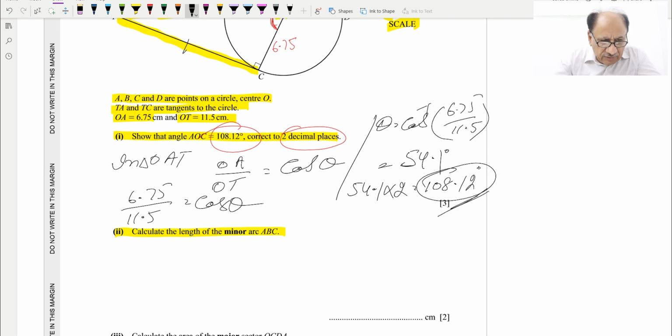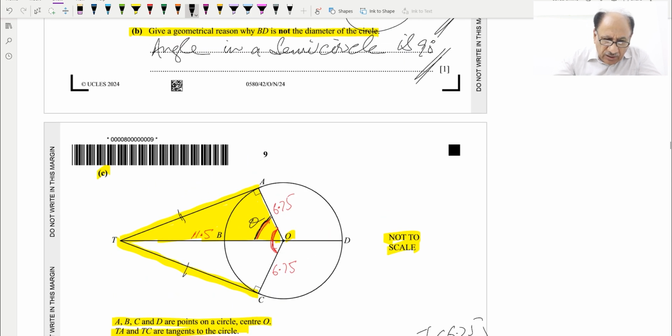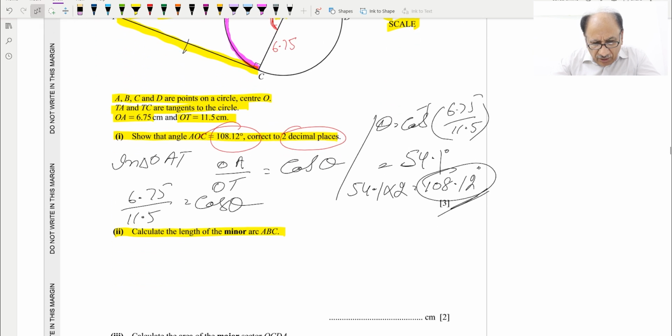Hopefully you understand this. Then they are saying next, calculate the length of the minor arc ABC. Minor arc is which one? I'll have to indicate. Minor arc is this arc, which is of lesser angle we already have, so we can apply the length formula.